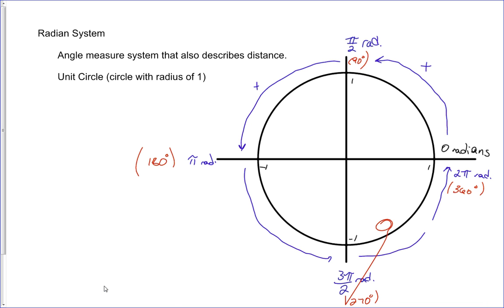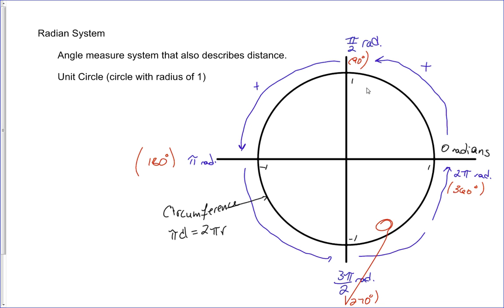Now, the reason this is with radians, I'm going to go ahead and tell you now why. The circumference of this circle is pi times diameter, which equals 2 pi times the radius. If you divide the radius out of this, you're simply left with the 2 pi.